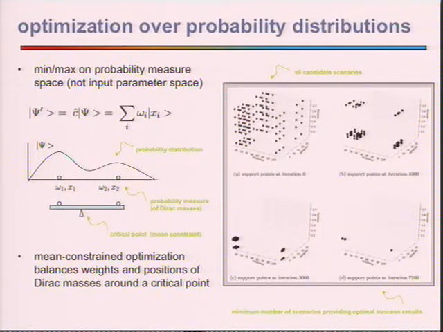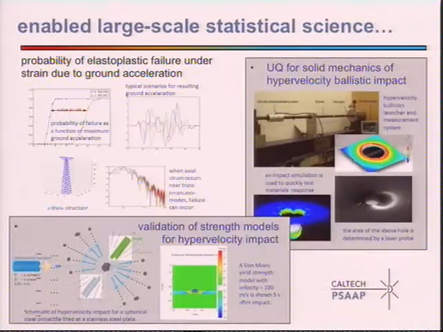So it's really basically the serialization of Python objects that enabled this to happen, which allowed us to do all sorts of new large-scale statistical science, things like validation of strength models on hypervelocity impact, more ballistics, statistics about ballistics, how materials would deform, real large-scale.